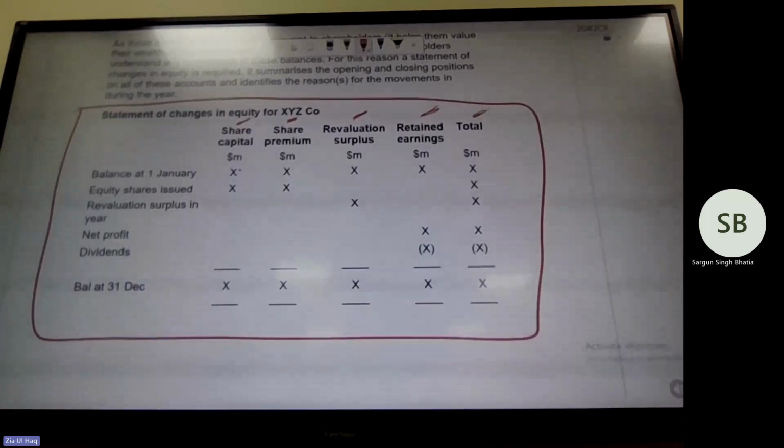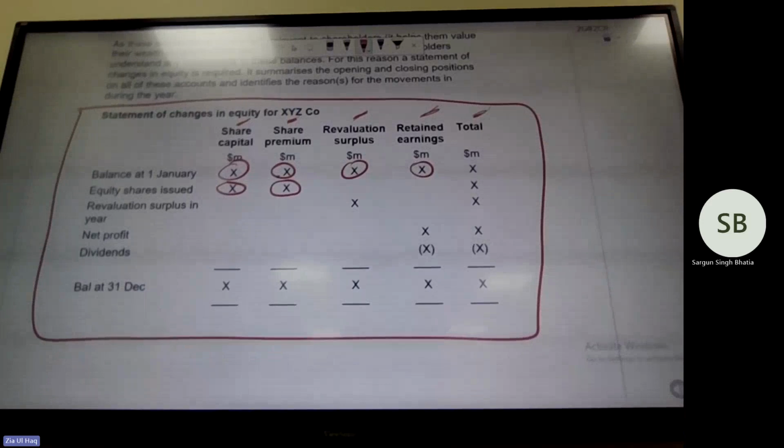We need to record their opening balance, meaning the balance at the start of the year, for all 4. If we have issued any share during the year above par value, then the par value amount will be written under share capital, and the amount above par will be recorded under the share premium account. If there is any revaluation surplus, we will record it in revaluation surplus only. The profit we calculated through the profit and loss account will be added to retained earnings. If it is a loss, it will be deducted.